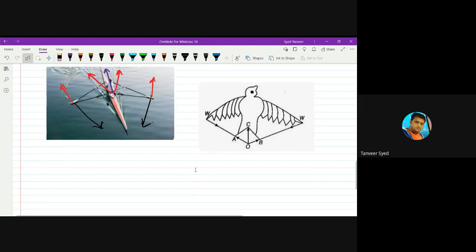When a bird moves its wings, it is pushing the air in the backward direction.